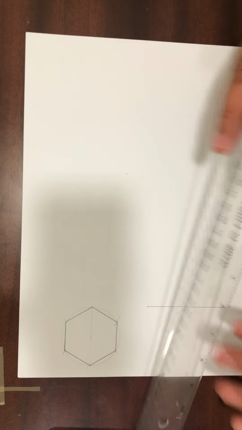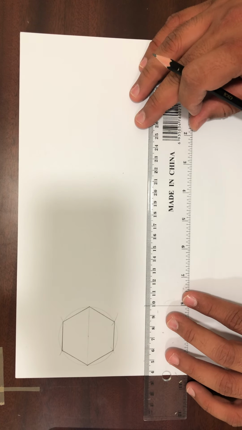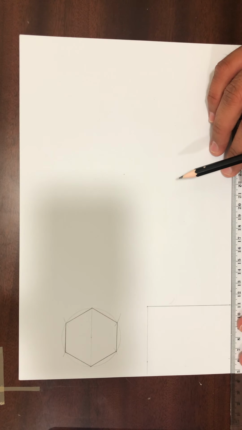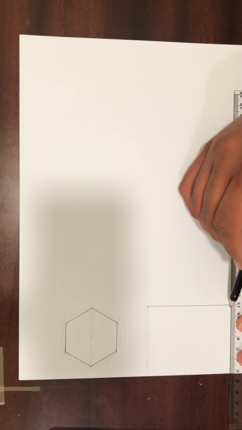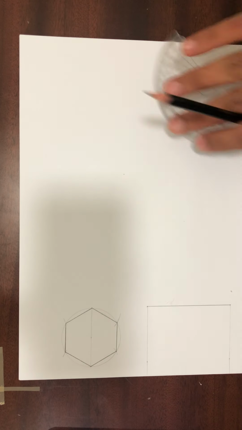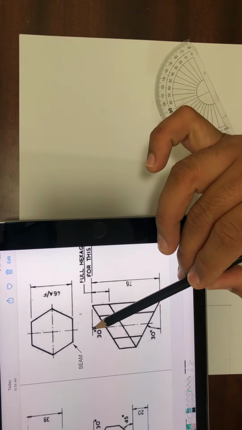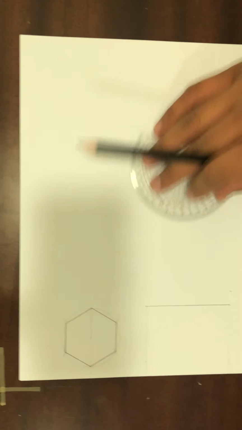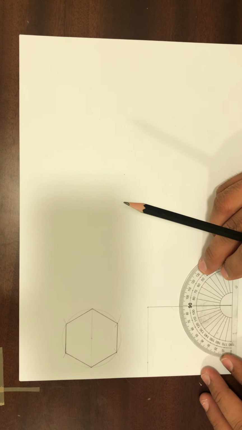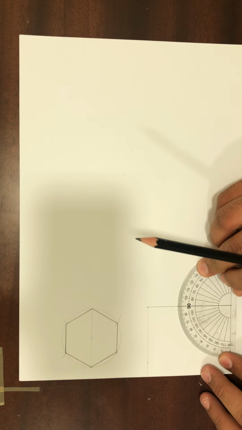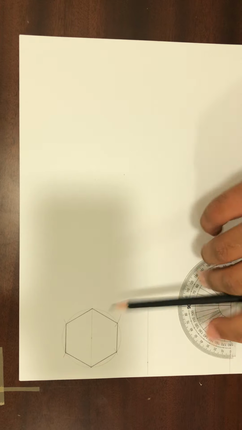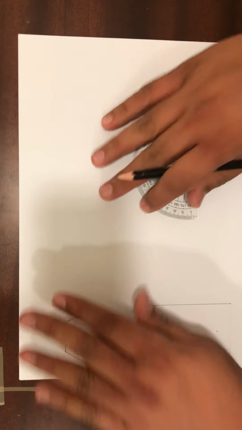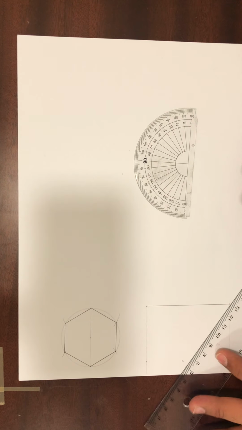Now join the points. Here also join the points. Now if you see the diagram, from upside 30 degrees, from downside also 30 degrees. So you have to make two lines. From here keep the scale like this and mark 30 degrees. So this is the 30 degrees line. Join it.